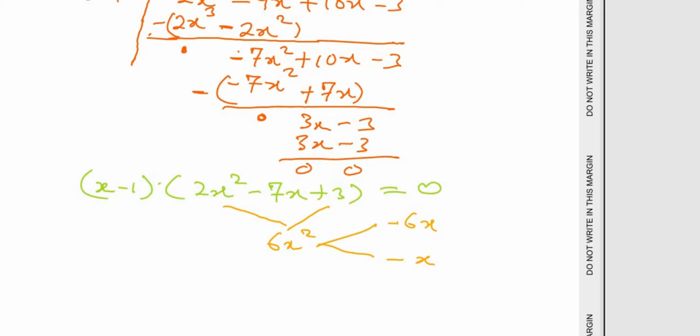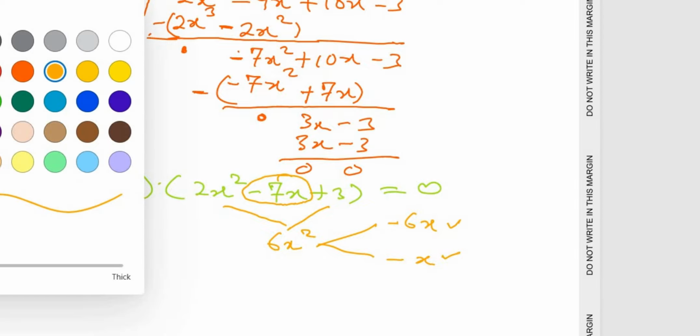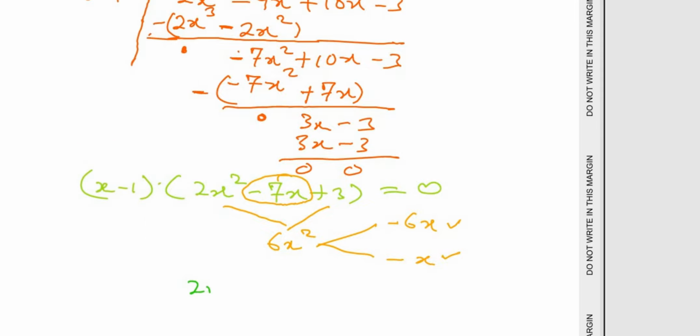So in lieu of this second term here, I will substitute these two values to replace the second term. So the equation becomes 2x squared, and instead of this minus 7x, I will replace these two values: minus 6x minus x plus 3.